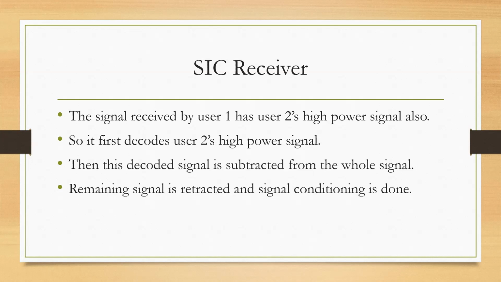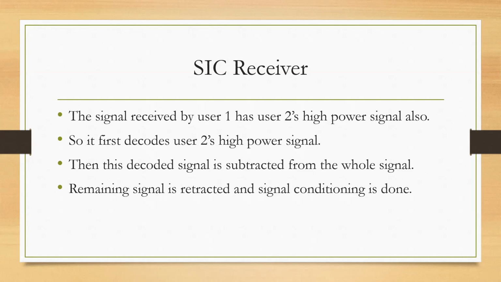let's suppose user one, which is the near user, will receive the whole signal. It has user two's higher power signal also, along with its own required signal. This higher power signal is easy to detect and easy to decode.